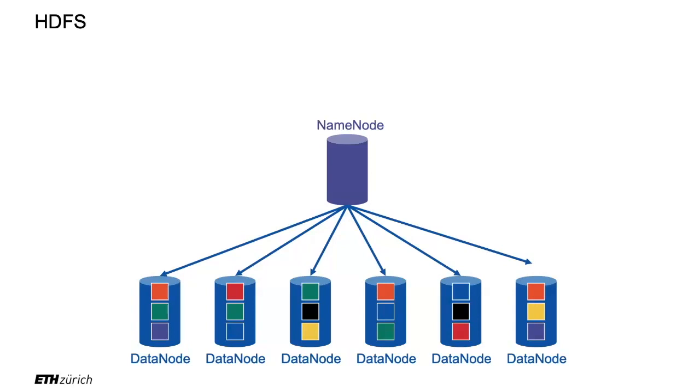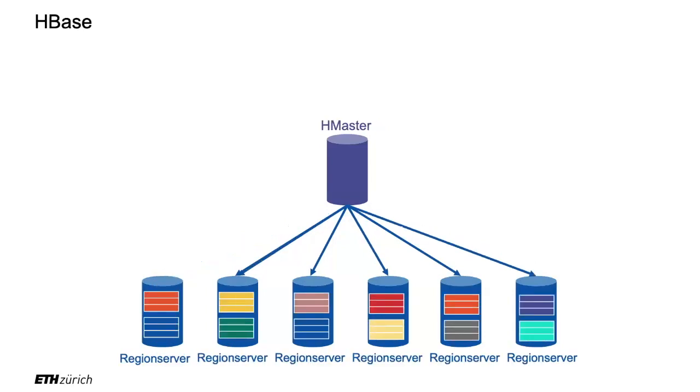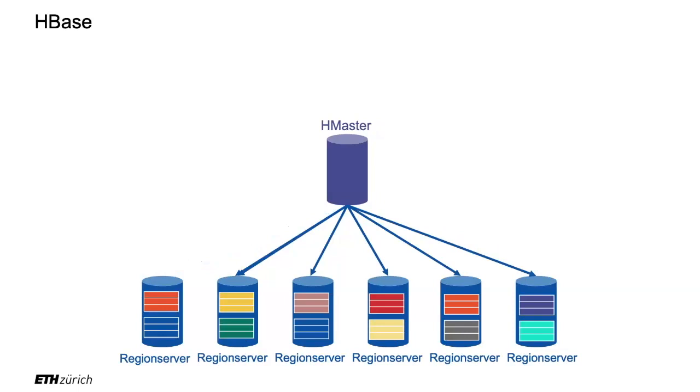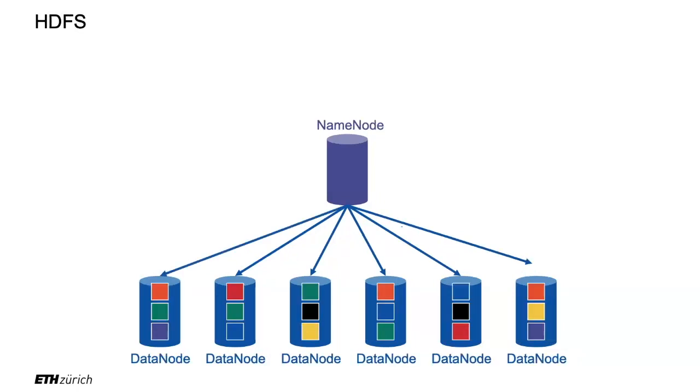So now, physical architecture. I have again these diagrams. That was HDFS: we have the name node, the coordinator node, and then the data nodes running on the worker nodes. We saw that the same thing happens with HBase, where we had the HMaster, a process running on the same machine as the name node, and the region servers, processes running on the same machines as the data nodes.